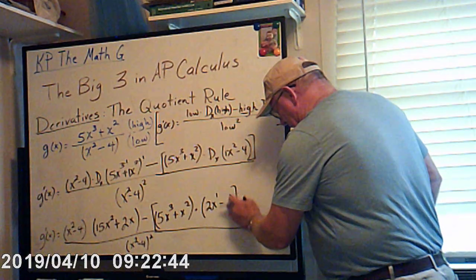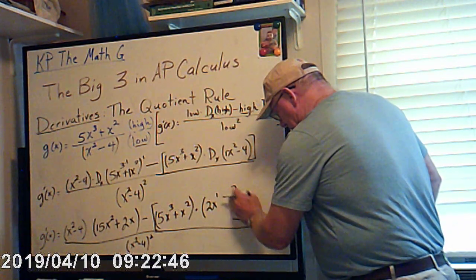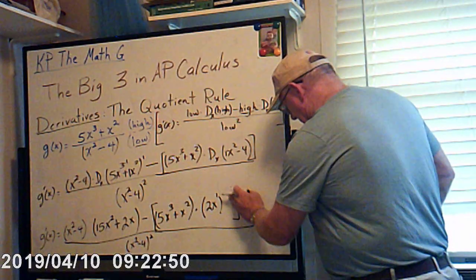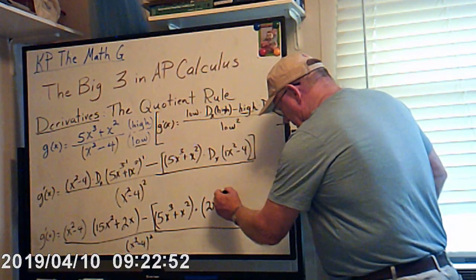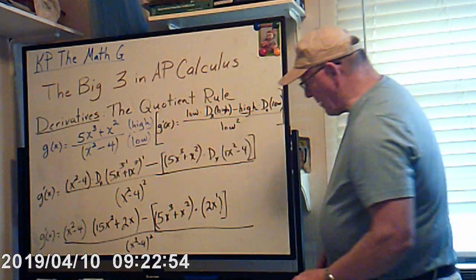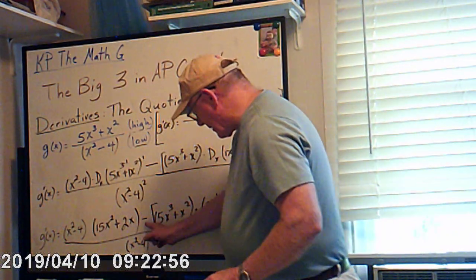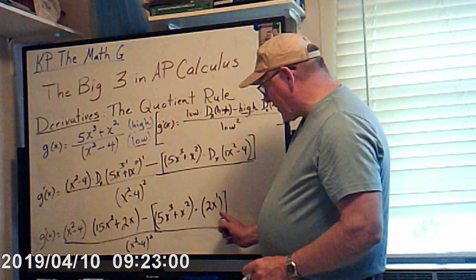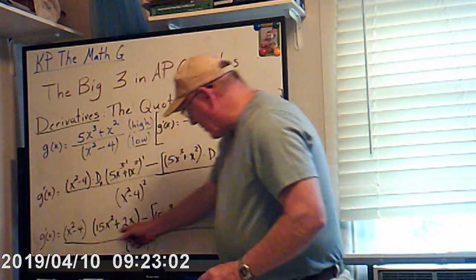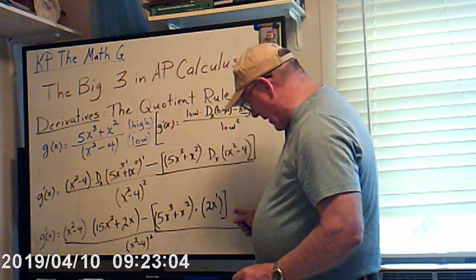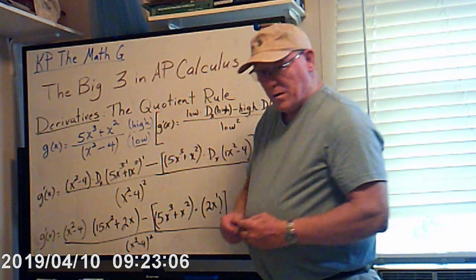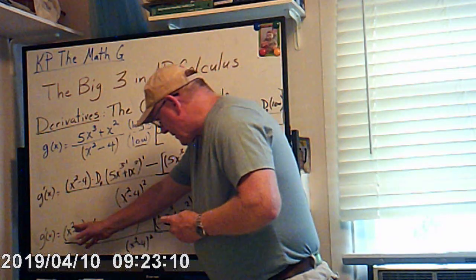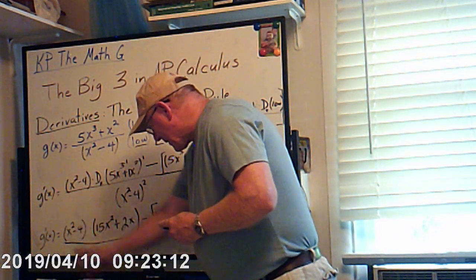We don't need the 0. So really it's just this. But we do want this minus sign. So then you can distribute this and distribute that. I don't want to get into the arithmetic part of it, but this is done by the FOIL method.